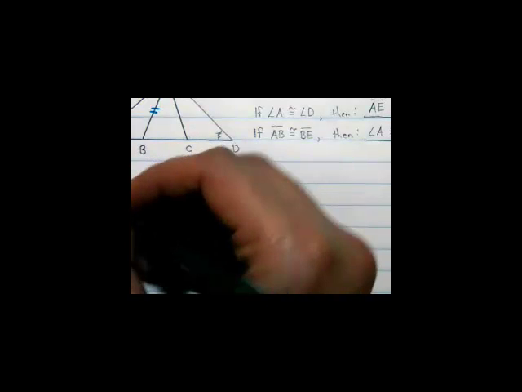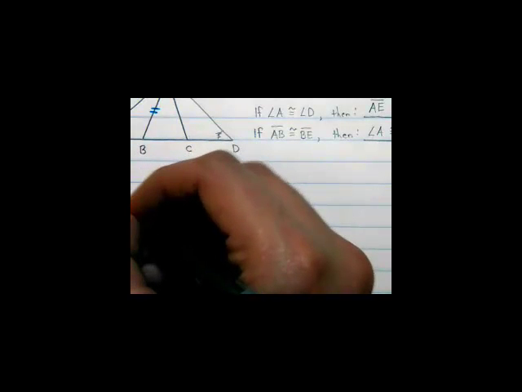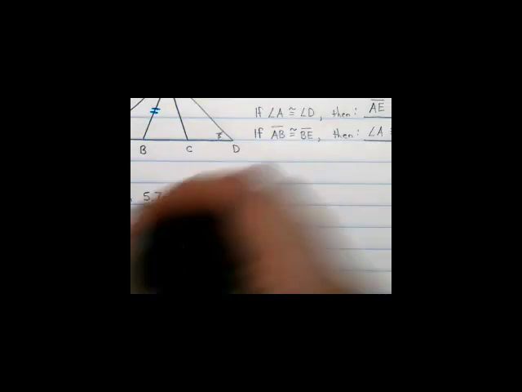So let's jot that one down. If you have your theorem sheet ready, you can put this right on there. So this should be the converse of the base angle theorem.